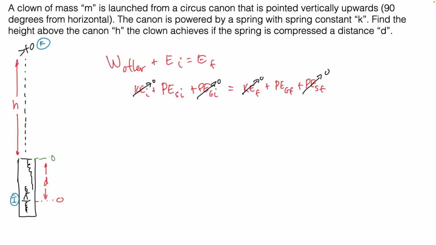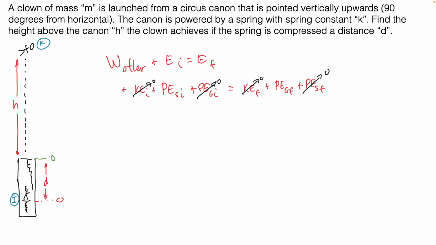And then, of course, we've got this work other term that we've got to deal with. First question to ask yourself: is there any friction? If there's friction in the problem, then you're going to have work other. Is there any friction in this problem? No. Are there any extra forces that are pushing or pulling, that's not a spring, not gravity?